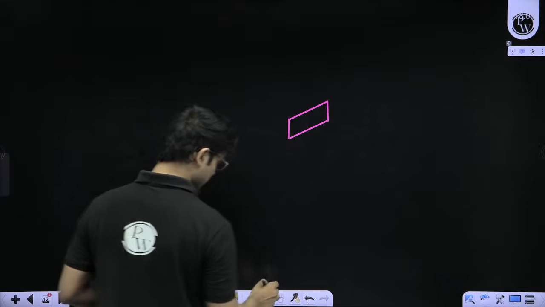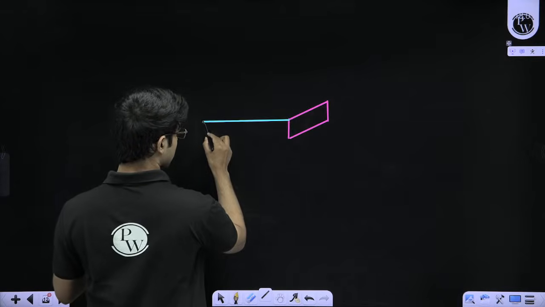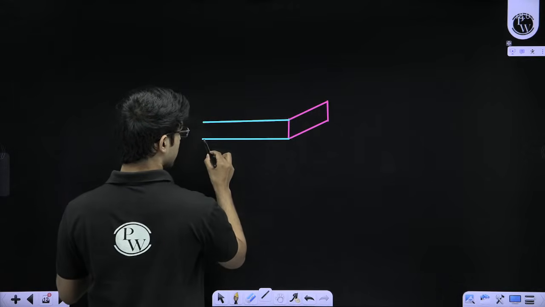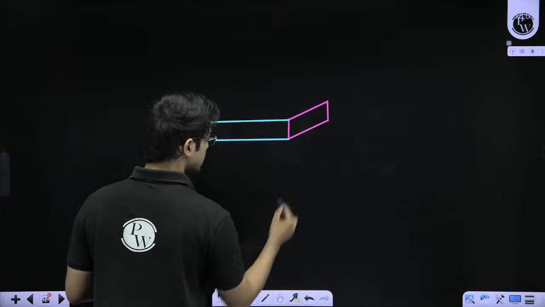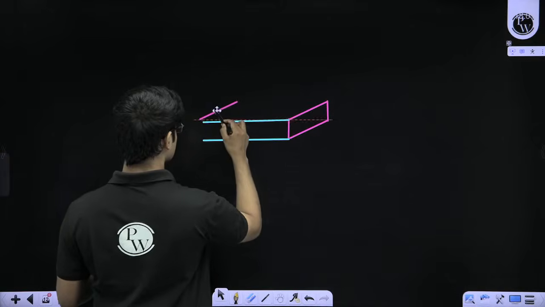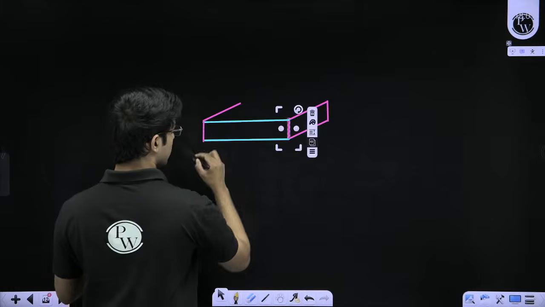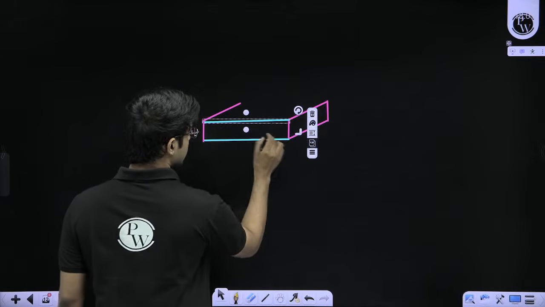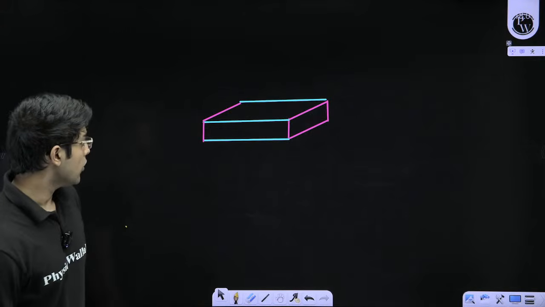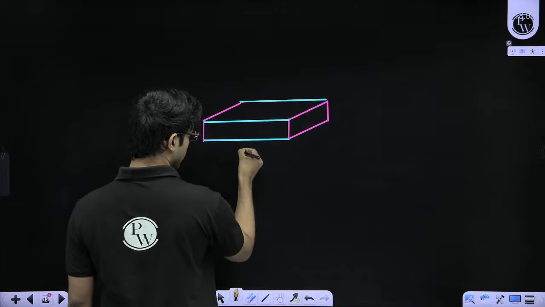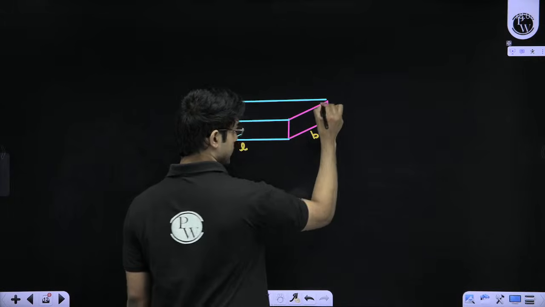Okay, so this is a rectangle and I'm trying to draw a cuboid here. Okay, so this is the length of the cuboid, and something like this. Okay, almost good. So if I tell you that this is the length of the cuboid, okay, and these two side lengths I am considering as B and H.